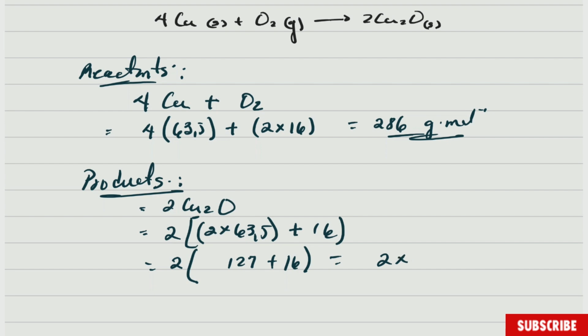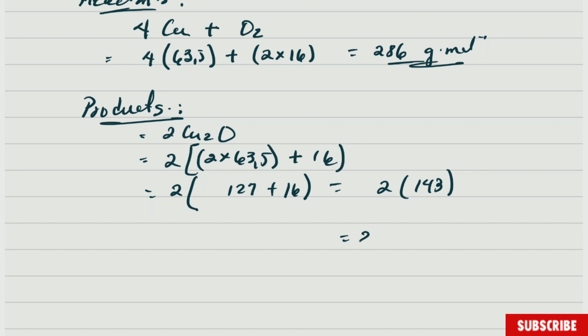This is going to be equal to 2 that multiplies. Let's open the bracket so you can see what I did. This one's 143 is the solution inside the bracket. So when I multiply times 2, I get 286. So this is equal to 286 grams per mole. And that is the answer.